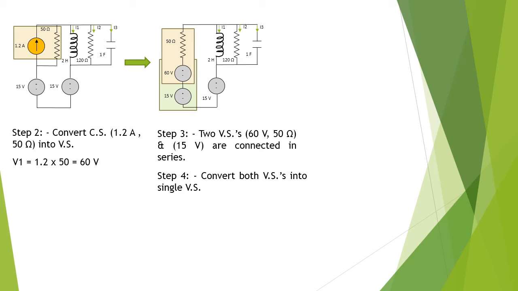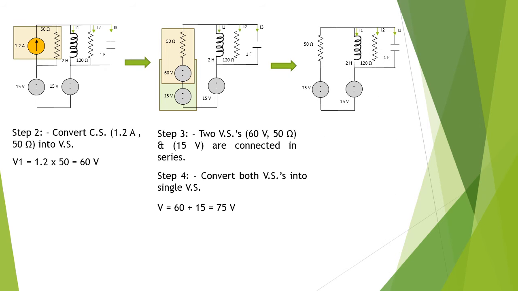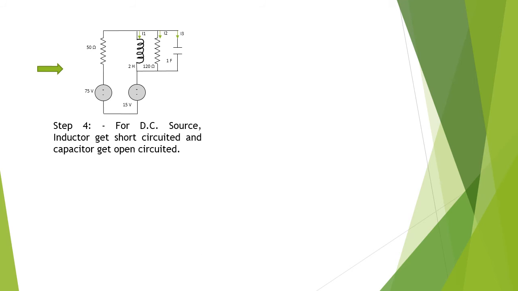Here we apply KVL, Kirchhoff's voltage law, and with respect to the polarities of 60 volt and 15 volt, we get V equal to 60 plus 15, therefore 75 volts. So the new circuit has the series connected voltage sources converted into a single voltage source of 75 volts.